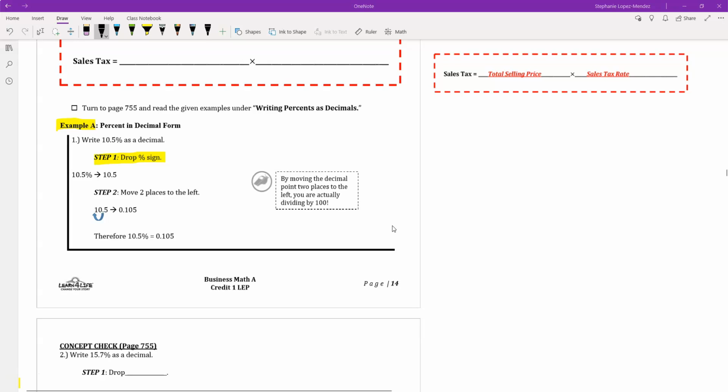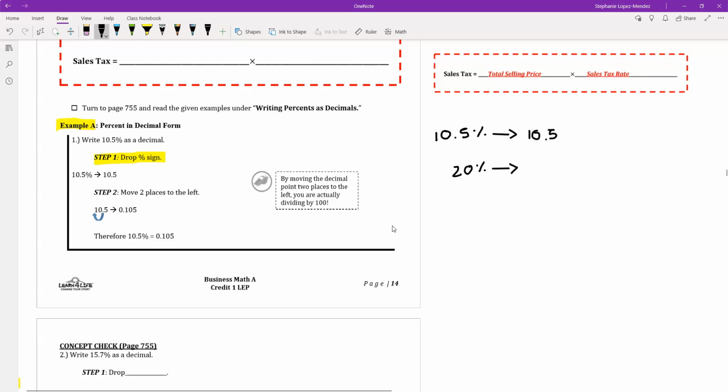If we have 10.5%, my first step is taking the percent sign out. So I now only have 10.5. The same will happen if I had 20%.